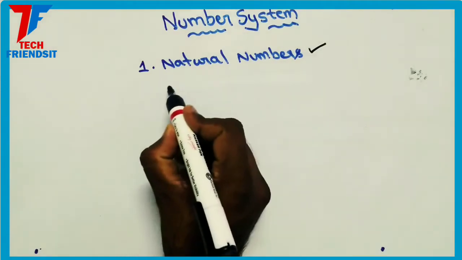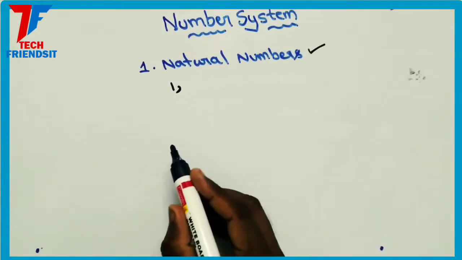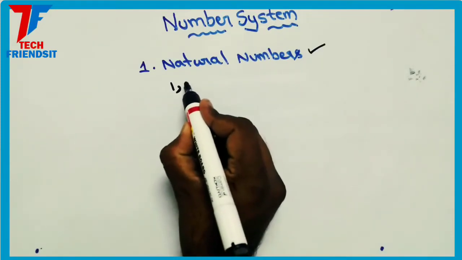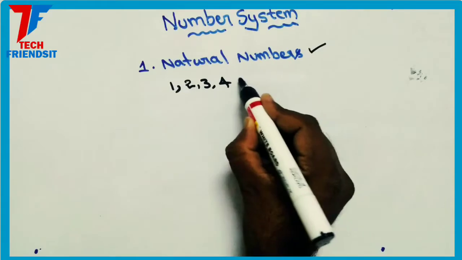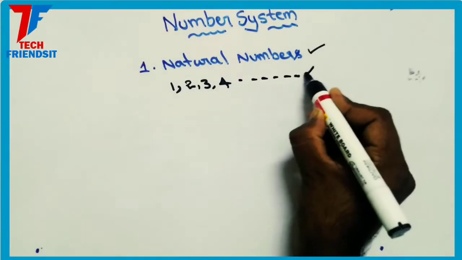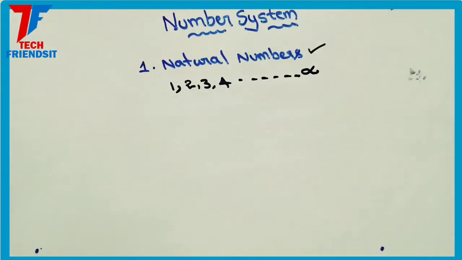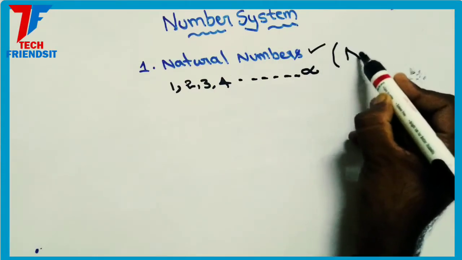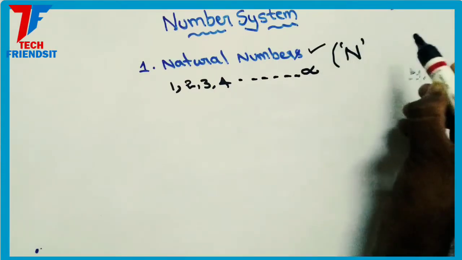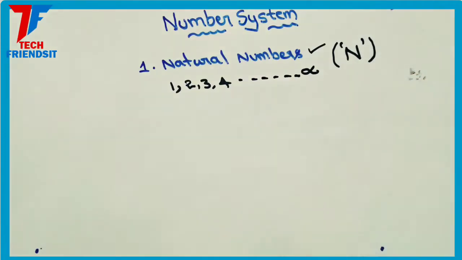This counting number starts with 1, like 1, 2, 3, 4 and so on till infinity. These are called natural numbers. We will denote this with the symbol N. They are defined by the letter N.